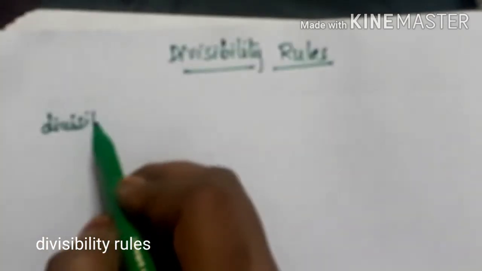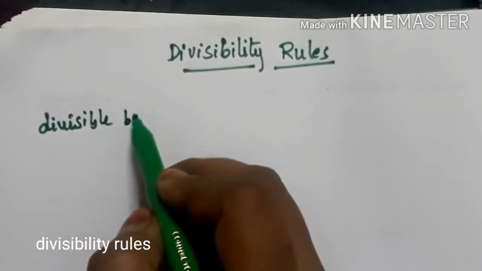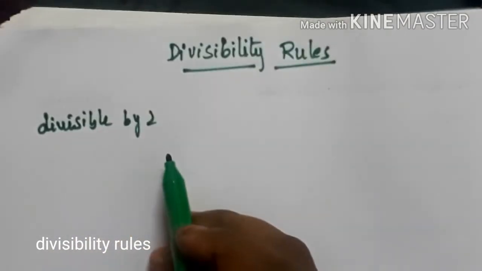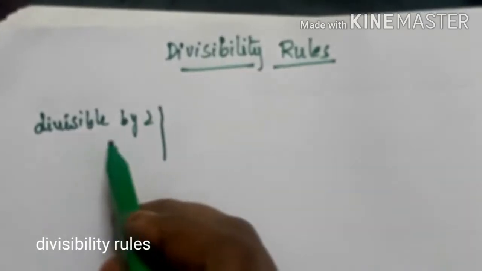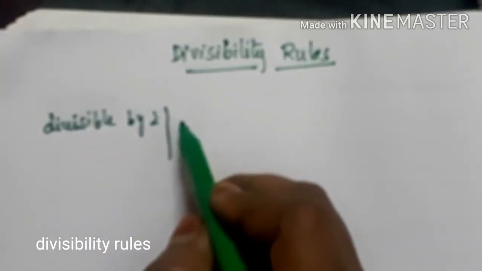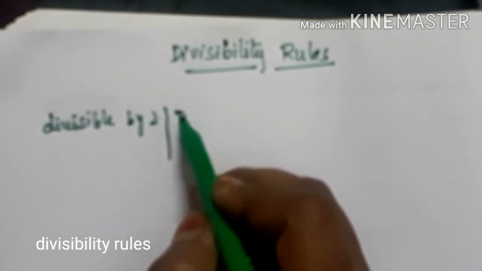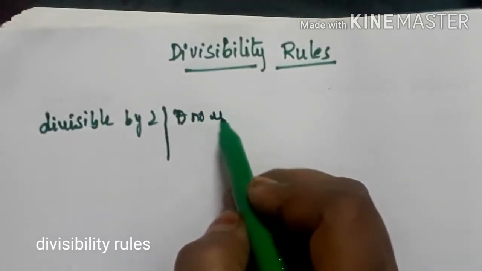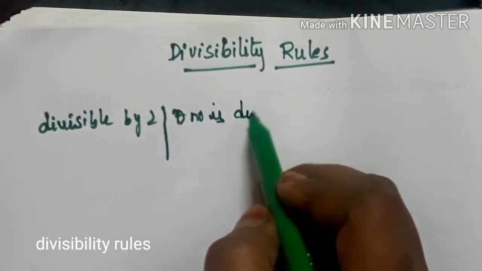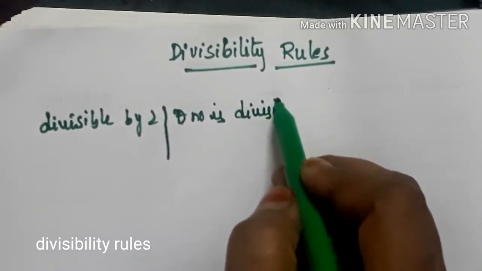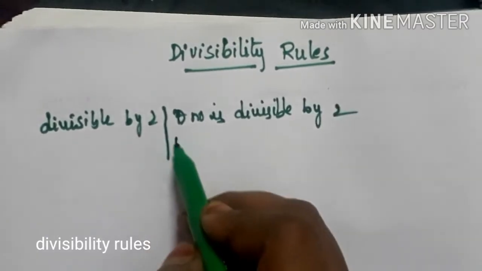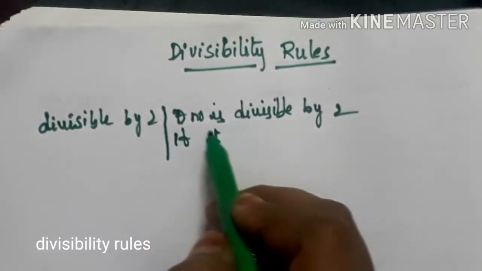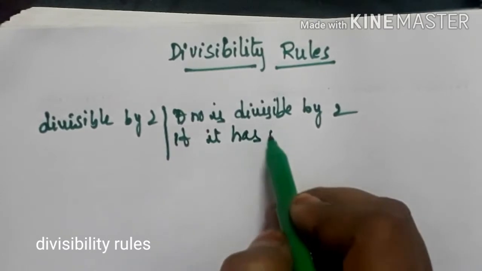Whether a given number is divisible by 2 or not, we will check. A number is divisible by 2 if it has one of the digits 0, 2, 4, 6, 8 at one's place.